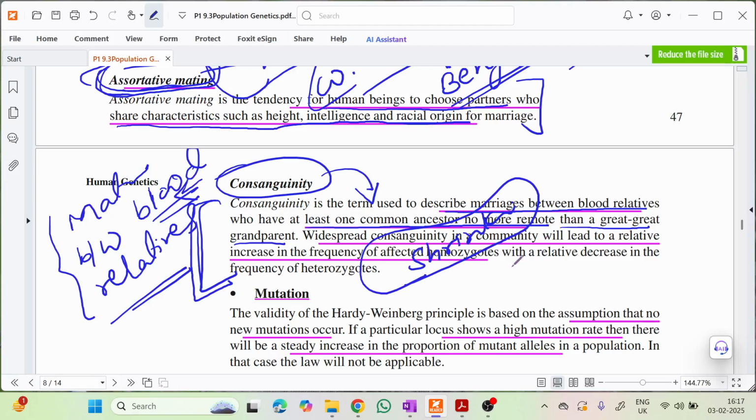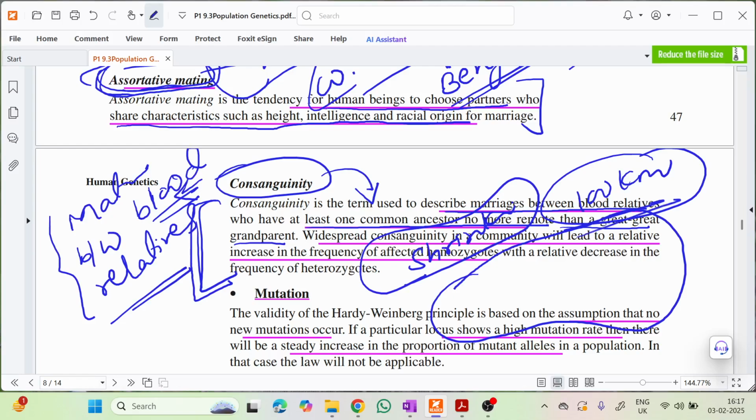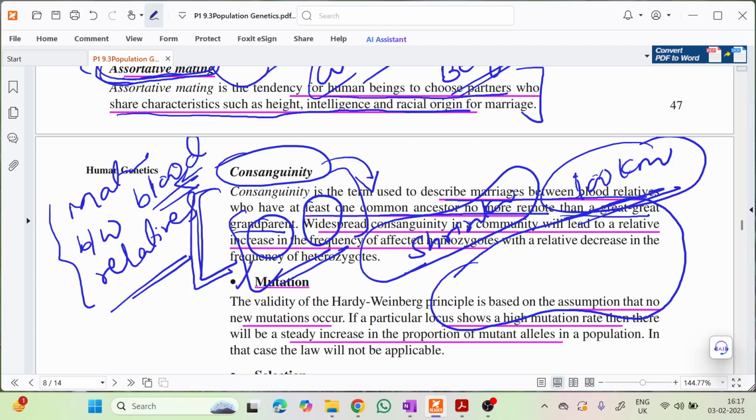Okay, but at least we should have a horizon of at least 100 kilometer, a diameter of gene pool. It should spread at least 100 kilometers so that your offspring will not inherit the recessive, will not inherit the homozygous, because homozygous, they do not help in survival much.